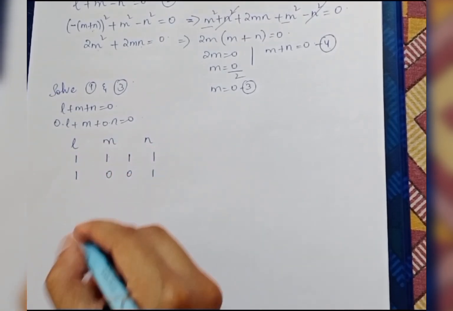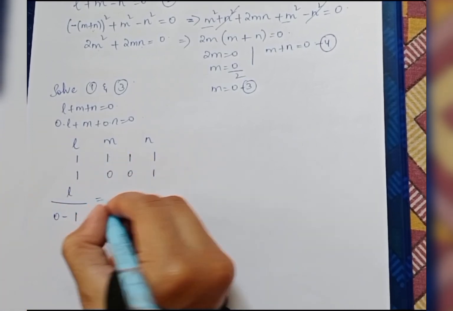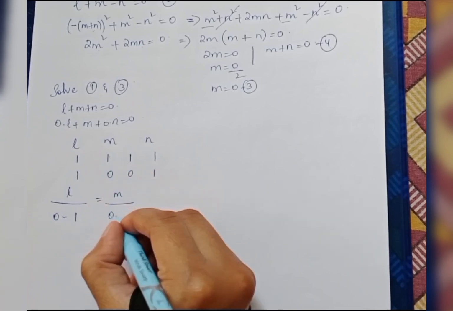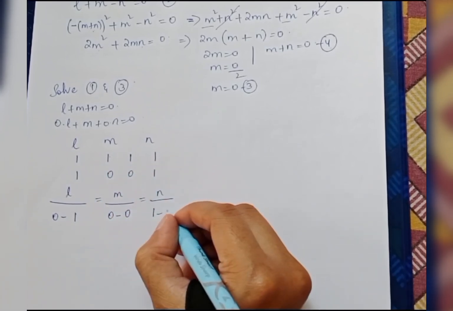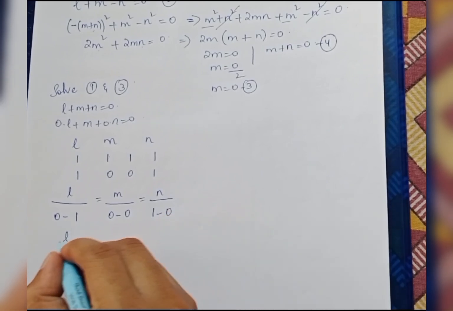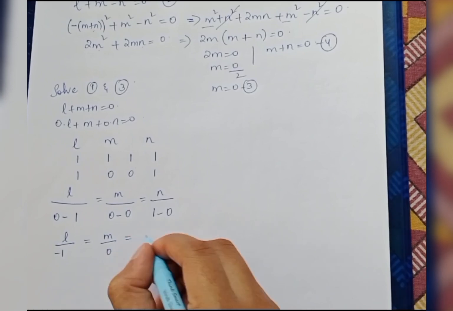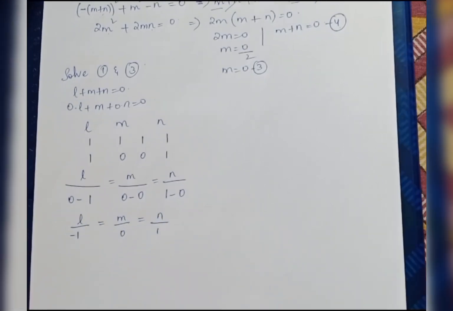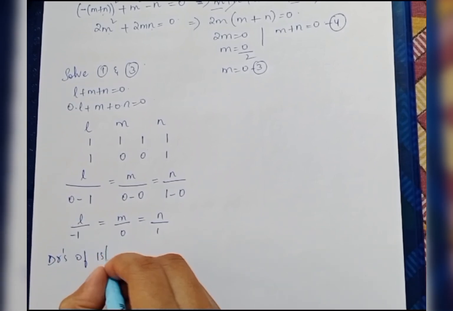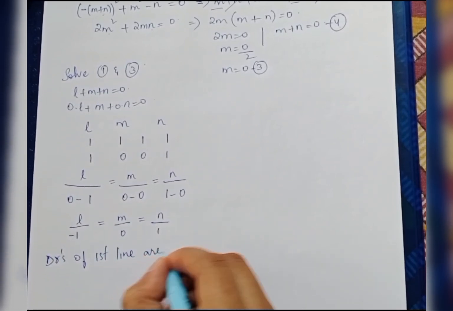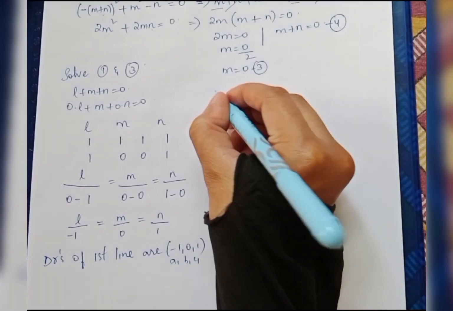So l by (1 into 0 minus 1 into 0) equal to m by (1 into 0 minus 0 into 1) equals n by (1 into 1 minus 0 into 1). So l by minus 1 is equal to m by 0 is equal to n by 1. So we got the direction ratios of the first line as minus 1, 0 and 1, which are the values of a1, b1 and c1.